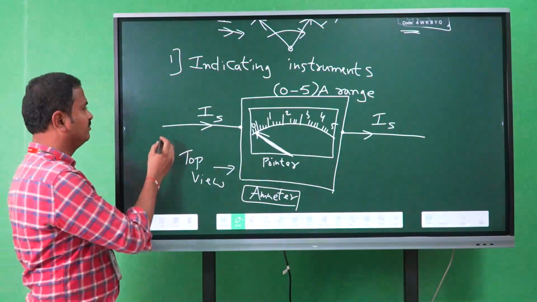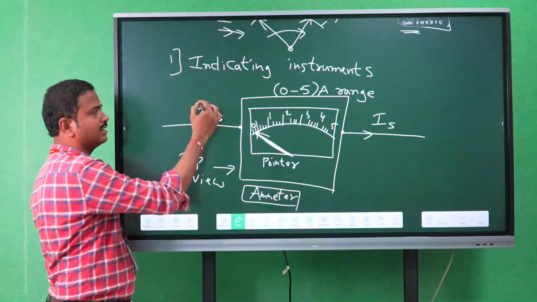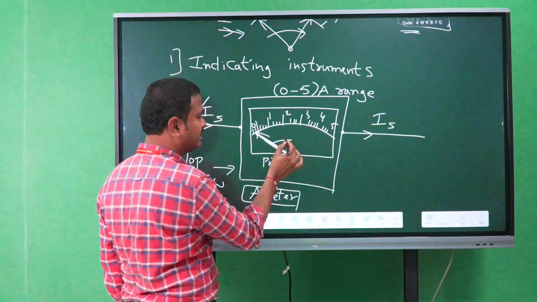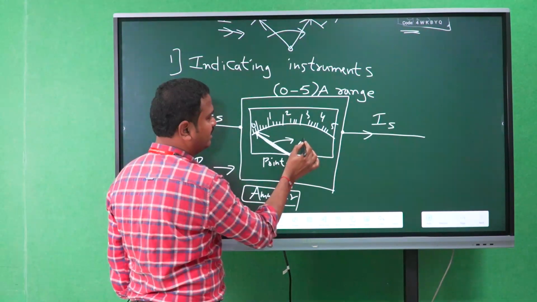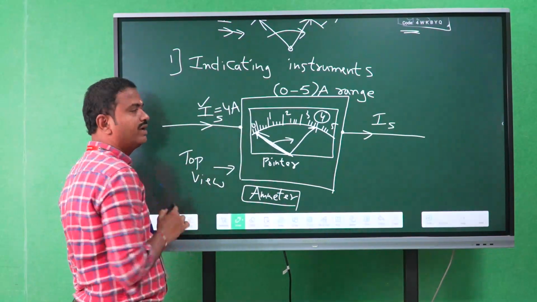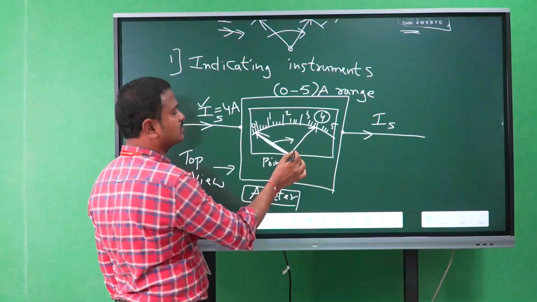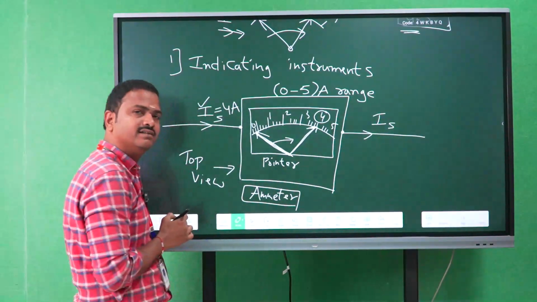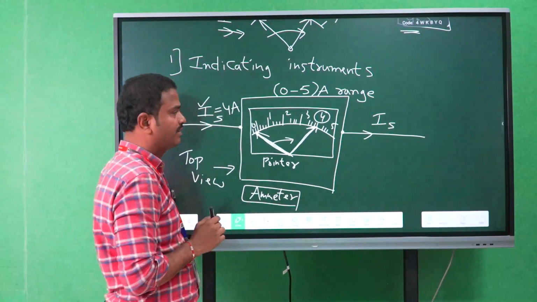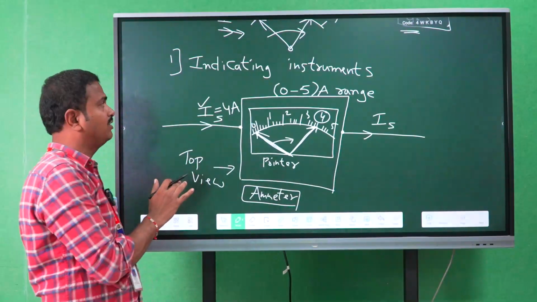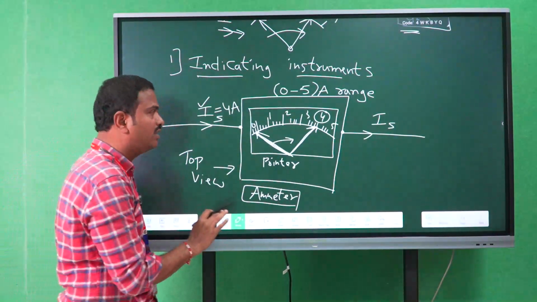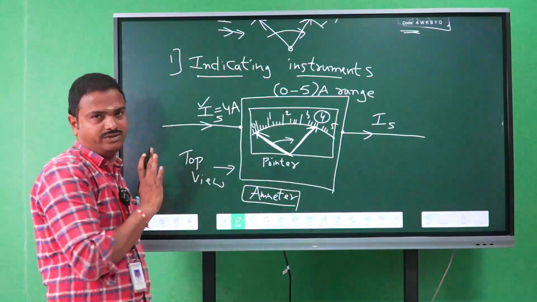Whenever we switch on the supply, the pointer moves on the scale and represents the accurate value. For example, if the current flowing through the circuit is 4 amperes, then the pointer shows 4 amperes, that means the pointer stops at the 4th reading. Therefore, indicating instruments indicate the instantaneous value of the current in a circuit.